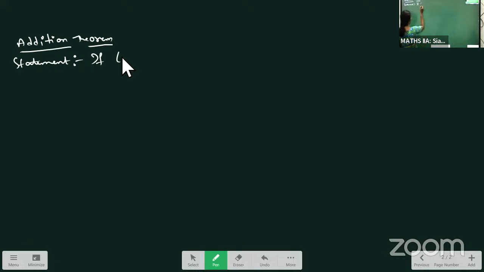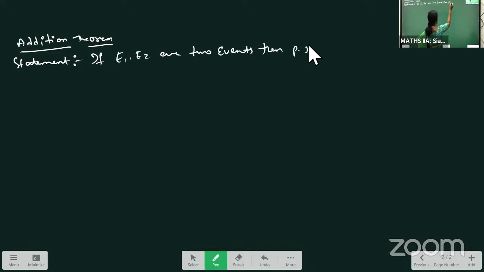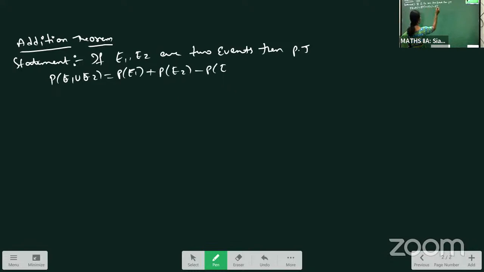If E1, E2 are two events, then prove that P of E1 union E2 is equal to P of E1 plus P of E2 minus P of E1 intersection E2. This we have to derive as the addition theorem.